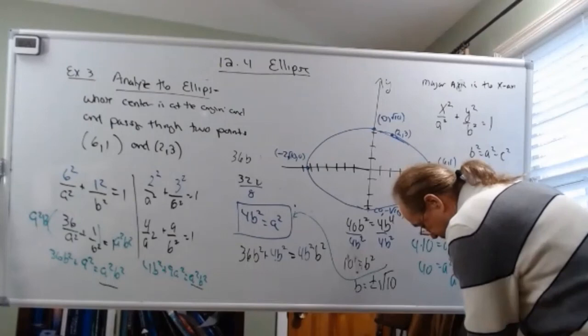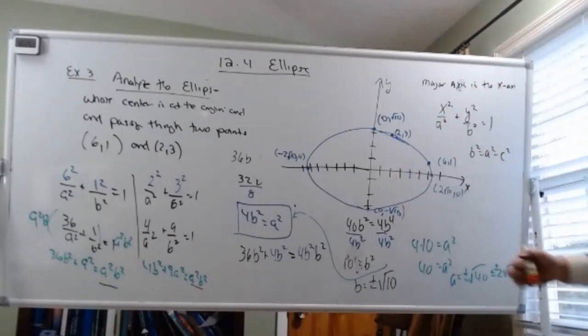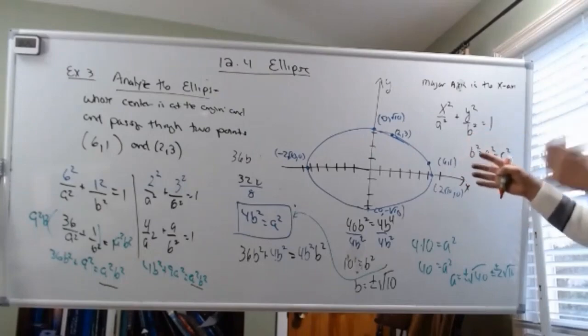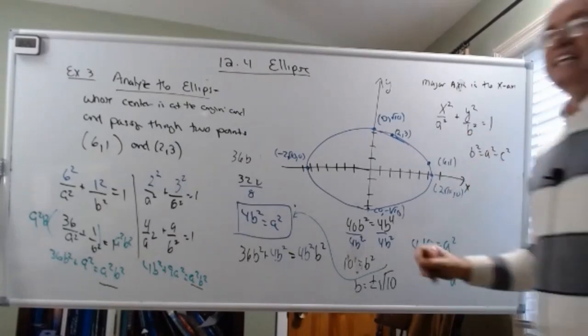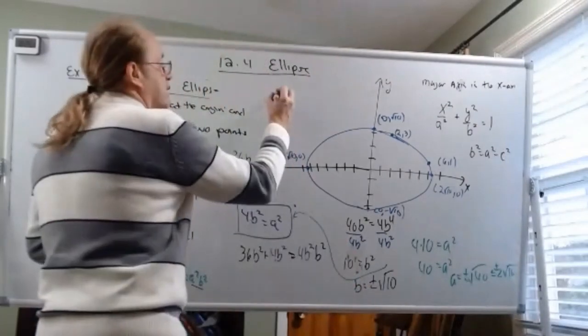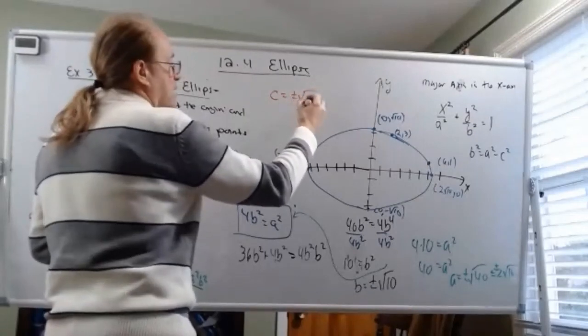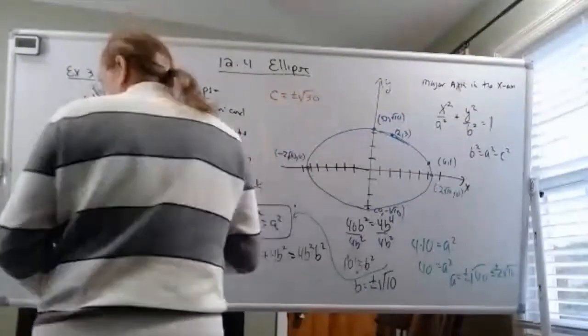So sometimes the answers don't turn out to be nice numbers. More often than not, these things are not perfect. They're perfect in their shape and form, but where they're located could be any real number. So hopefully everyone sees that c is plus or minus the square root of 30, the two values for the foci.